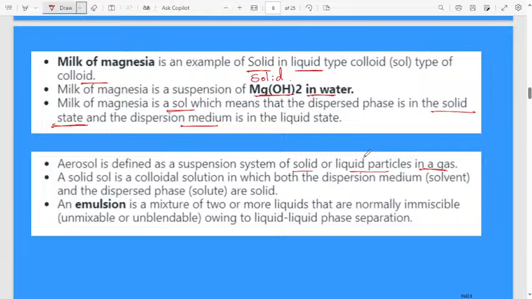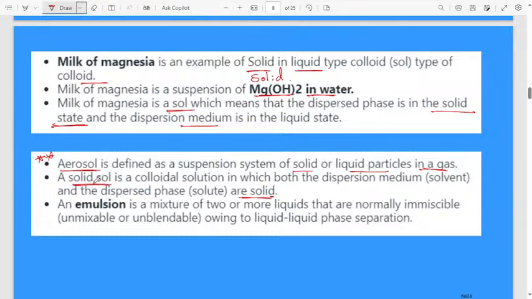Don't get confused about the aerosol, it is very important. Here the suspended state may be a solid or liquid particle, and the gas will be the dispersed medium, remember. Next one, a solid sol is a colloidal solution in which both the dispersed medium and dispersed phase are in the solid state.